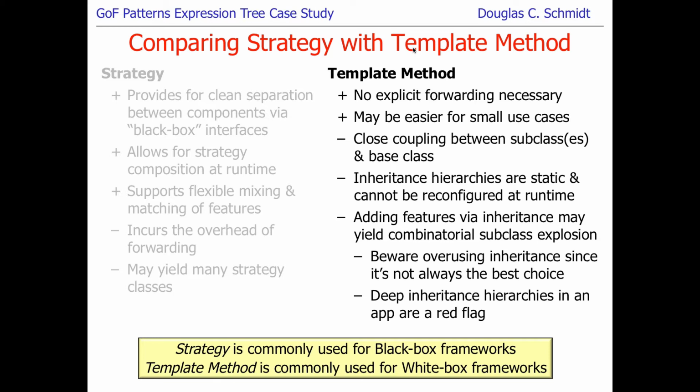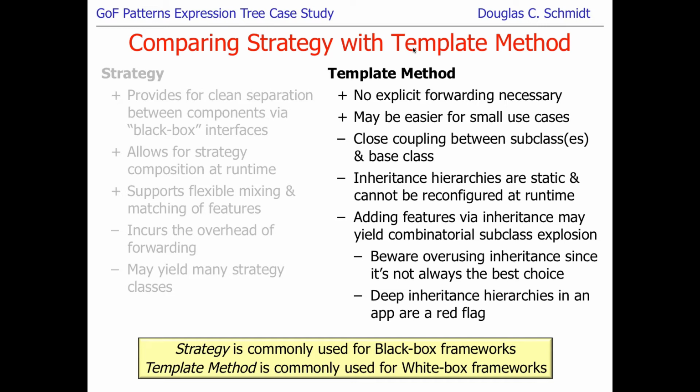So strategy is commonly used for black box stuff. Template method is commonly used for white box stuff. If you take CS 282 next semester, you'll discover very clearly that oftentimes frameworks do both.